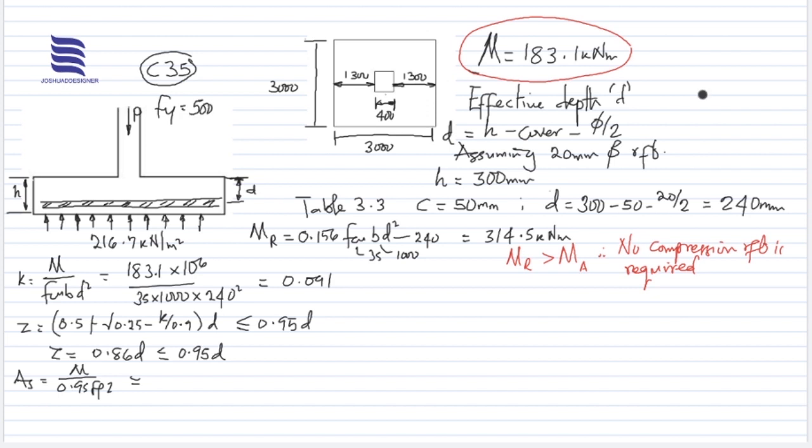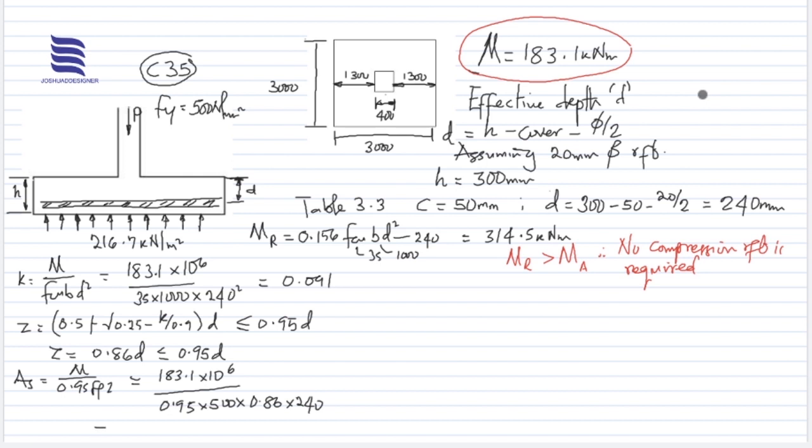So in application we have 183.1 divided by 0.95, fy being 500, and z as obtained, 0.86 multiplied by 240.